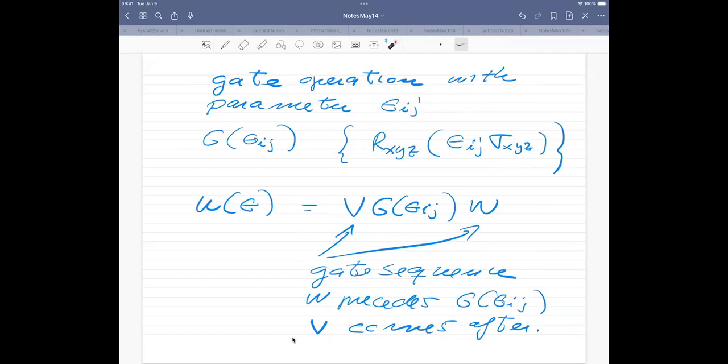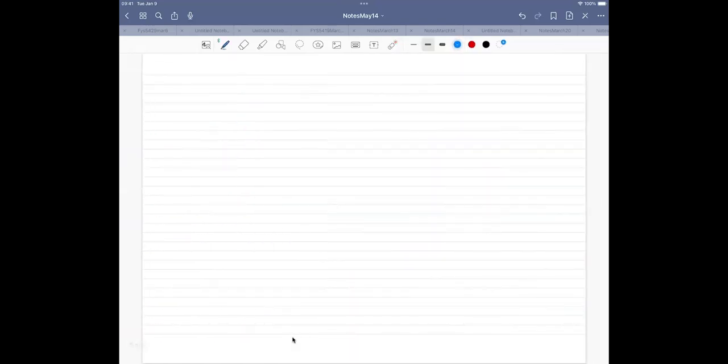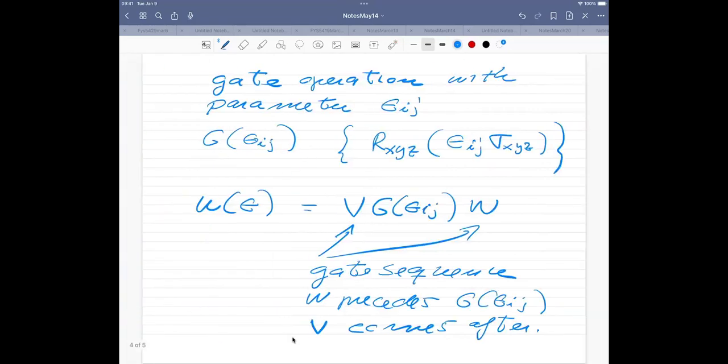So in order to find the derivatives with respect to this parameter, I'm just going to rewrite a little bit the equations. So I'm just going to introduce an intermediate operator. So these are Hermitian operators, all of them. And so I'm going to just define a new operator, which I call Q, which is going to be this collection of gates times the operator we want to calculate the expectation value of, V. And then I'm going to take that set of gates, W, which I have here.